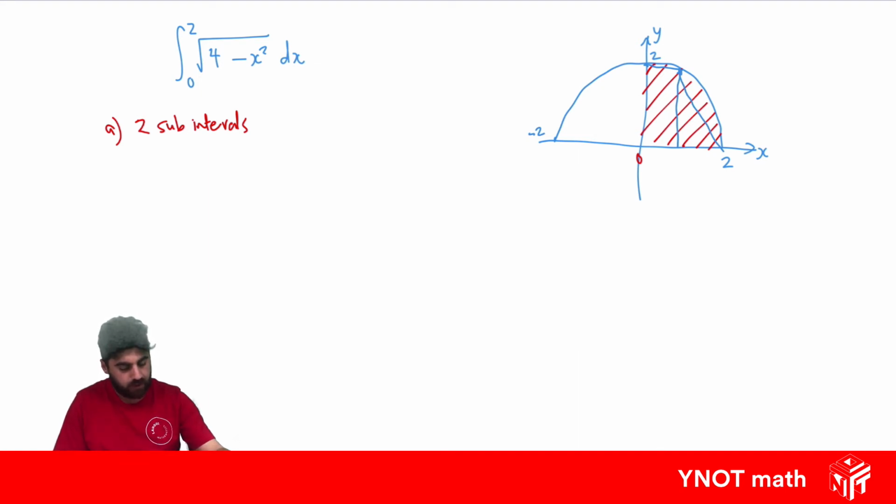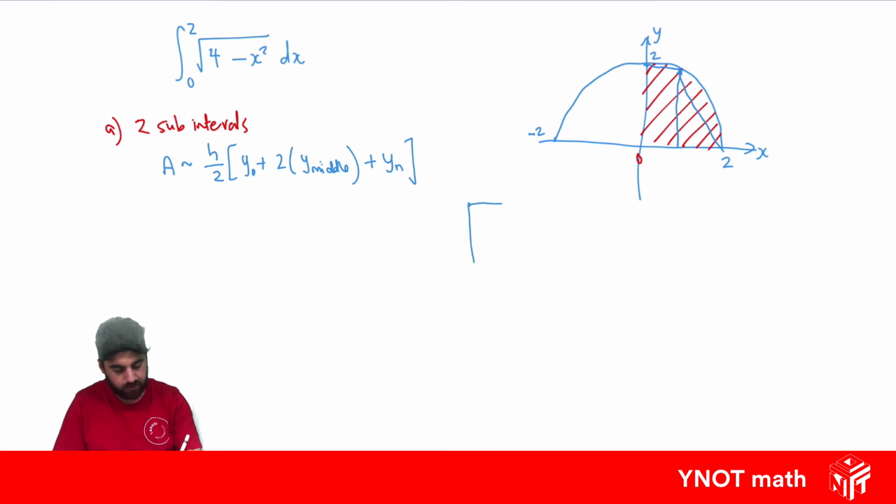So I like using the formula to approximate as h over 2, y0 plus 2 times your middle y values plus your last y value. And it helps to make a table to look at all these.